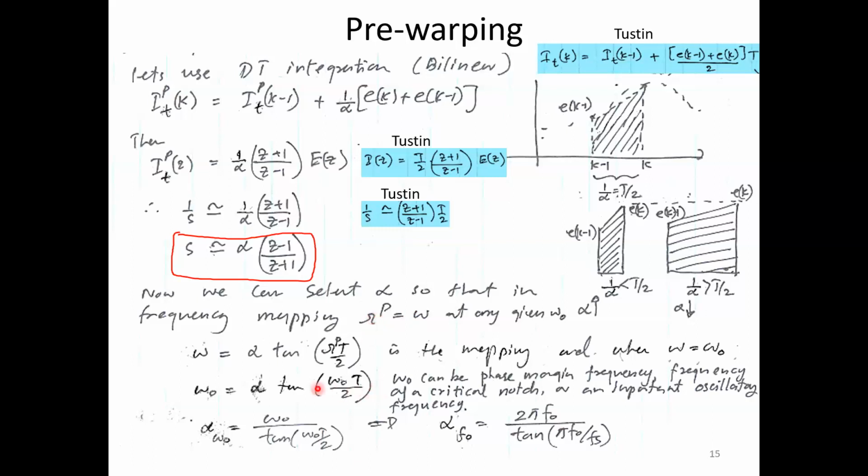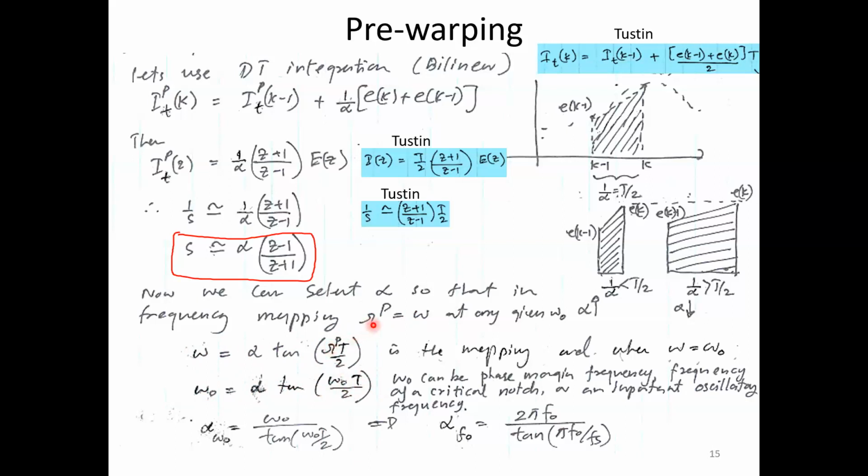Okay. So our frequency mapping is now this: omega equals alpha tan(omega_P T over 2), and if I want to do this, omega 0 is equal to alpha tan(omega 0 T over 2) when there's no distortion, because simple omega and capital omega are both equal to some omega 0. Clear? So we are clamping the equation for zero distortion at some frequency omega 0.